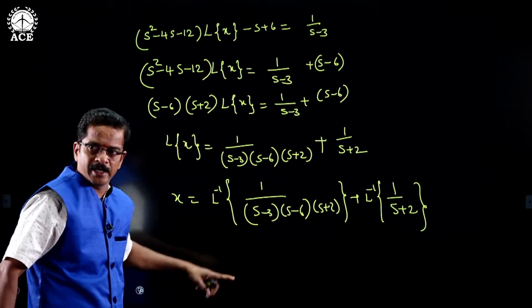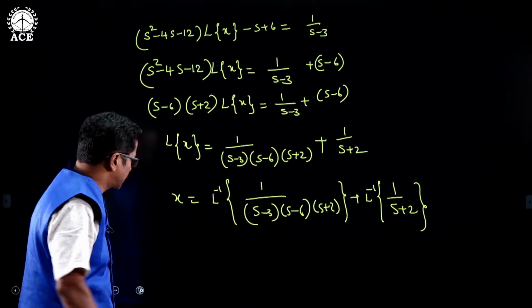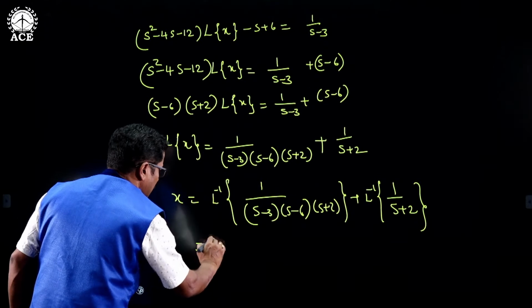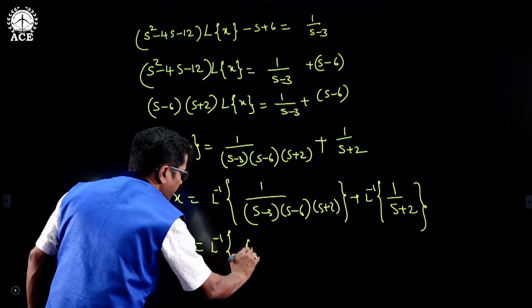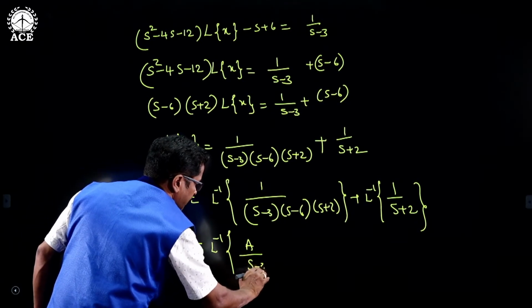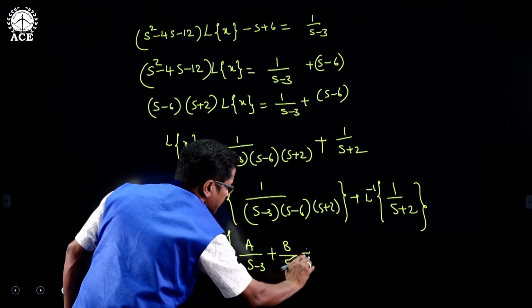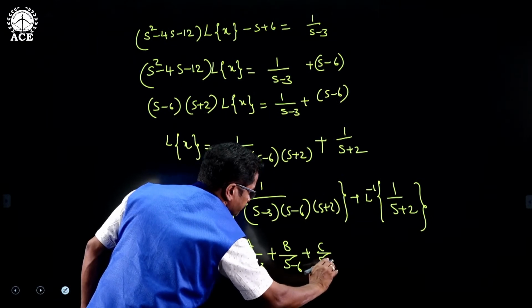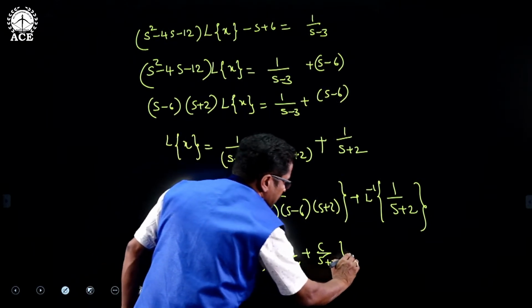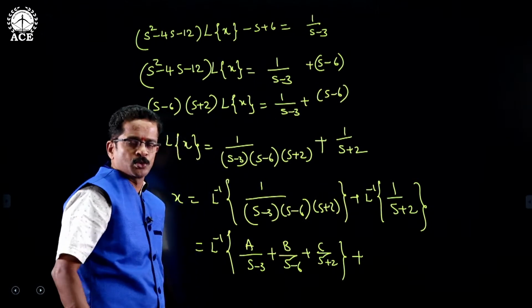Now here again I need to apply partial fractions, which is equal to L inverse of a by s minus 3, b by s minus 6 plus c by s plus 2, plus L inverse of 1 by s plus 2.